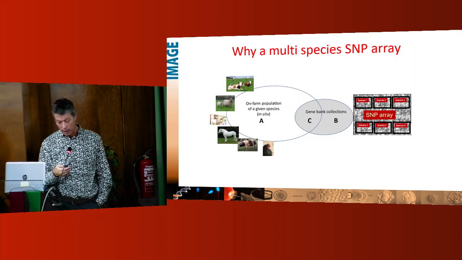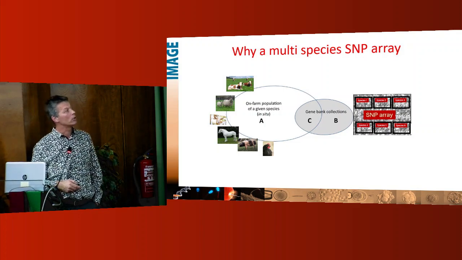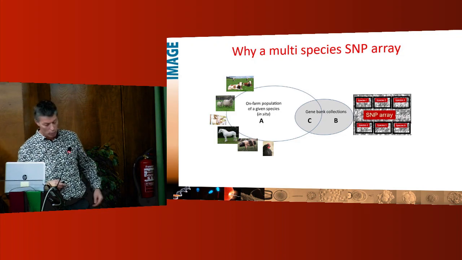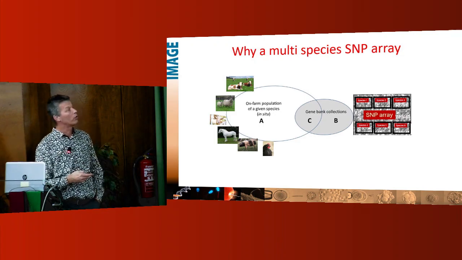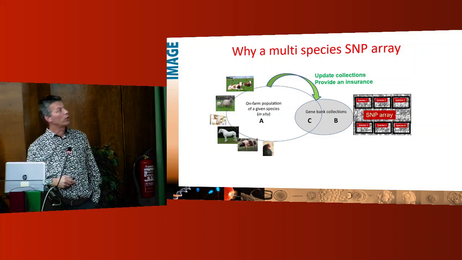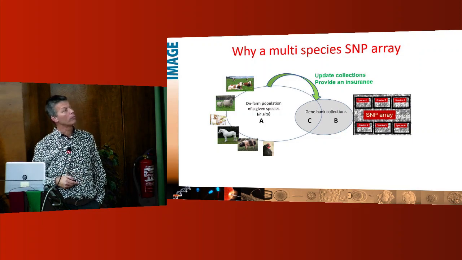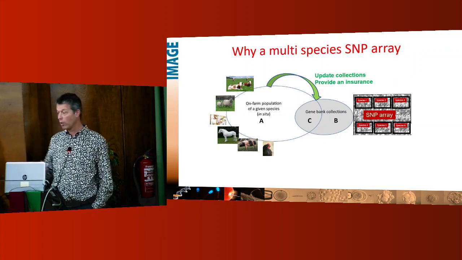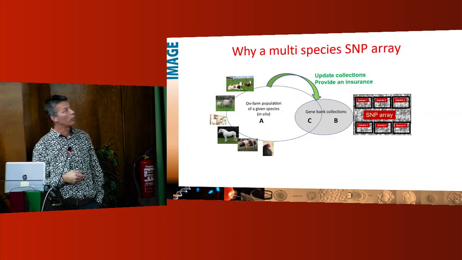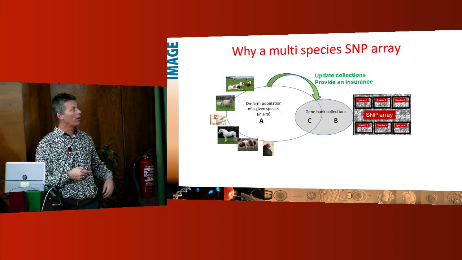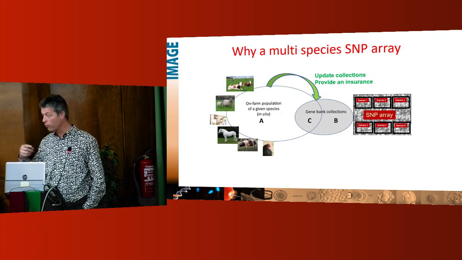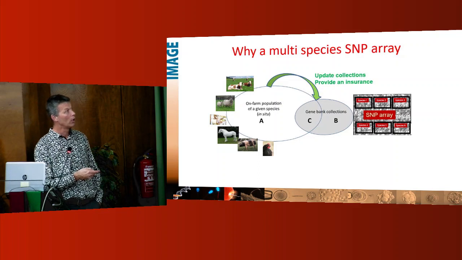But the most important thing is that we want to genotype populations, and you have in situ populations, but also the gene bank collections, which are important. And of course, there's overlap. So what is in both systems? What you can do is store material and update collections. It would also be nice to have genotype information besides the animal itself, to prove what is going on and what you are going to save.